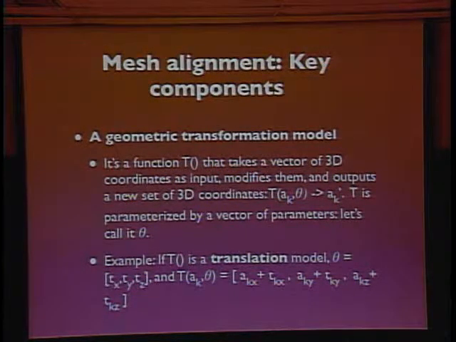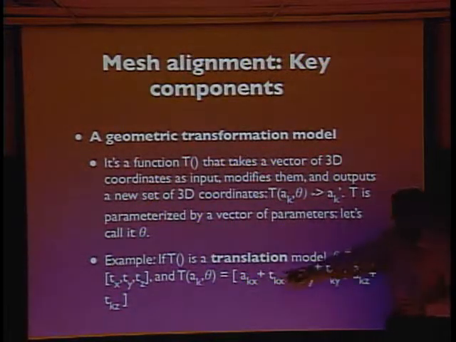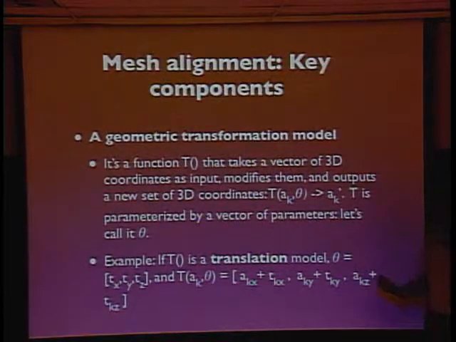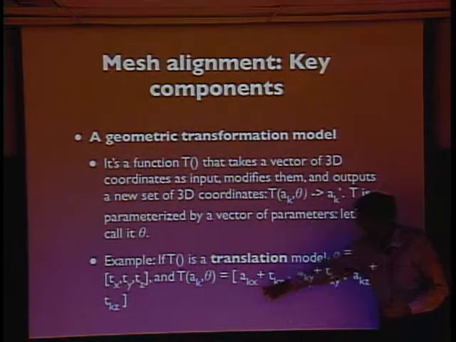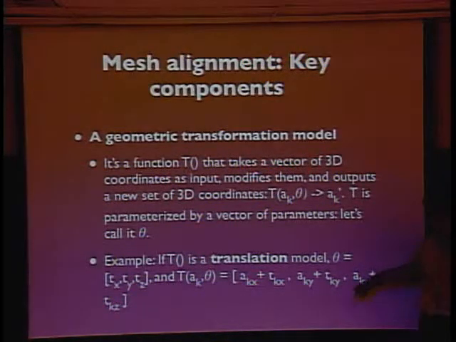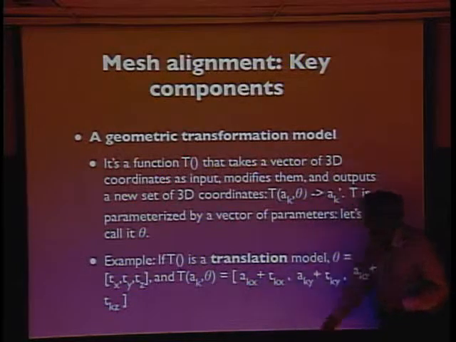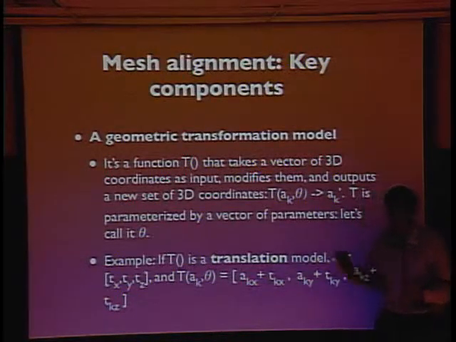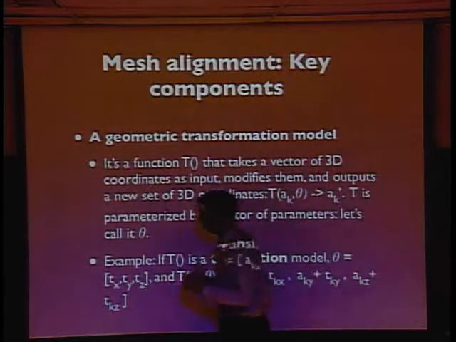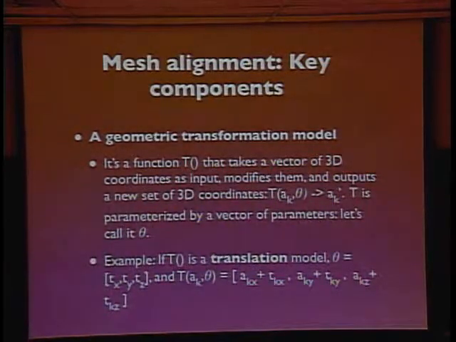And if I have one particular x, y, and z translation, I call that t_x, t_y, and t_z, then this function T is going to take A as an input, A_k x, A_k y, A_k z, and simply add the t's to it. So the input is the original A coordinates, and the output is the A plus t coordinates. So this is a very, very simple geometric transformation model. But the point is that all it does is modify 3D coordinates to give you new 3D coordinates. Okay?